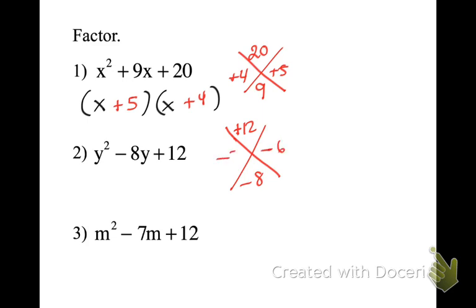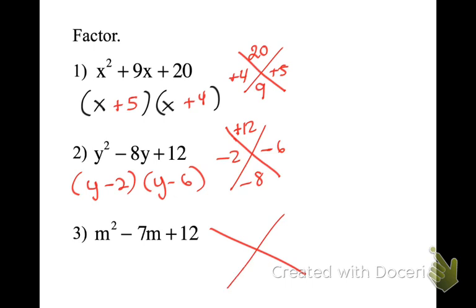Negative 6, negative 2. What's the variable? Y. Okay, so what's it going to factor to? Y minus 2 and y minus 6. Times the quantity. Okay. Let's try that again.